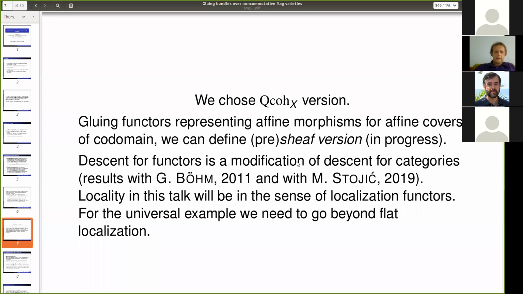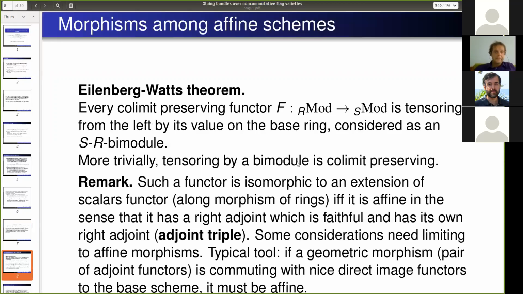And for functors and for descent over localization covers, which will be very important for this talk, I have done some recent work with my ex-student Stoic and with Gabi Bem in 2011. She did wonderful work, but we never published any of this on this particular thing.